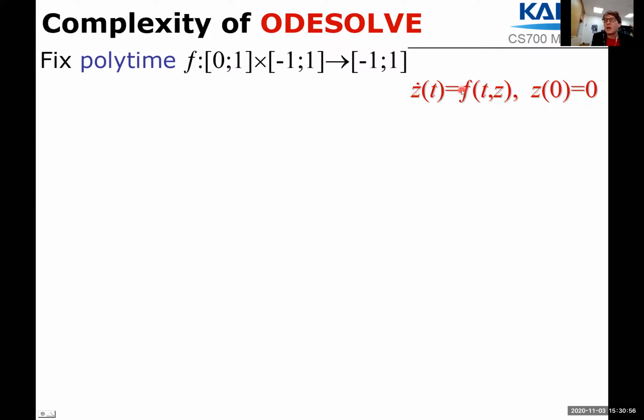And the output value is also something between -1 and +1, which makes sense because of the initial condition. Remember, every differential equation needs an initial condition. Without loss of generality, we require the solution to have value 0 at 0.